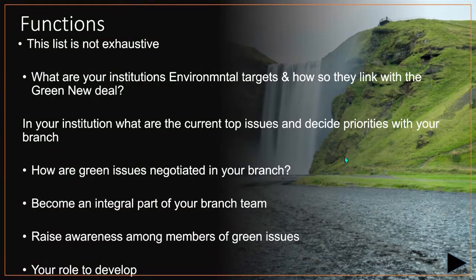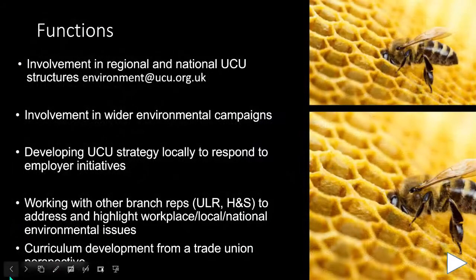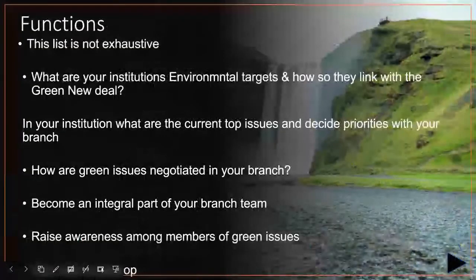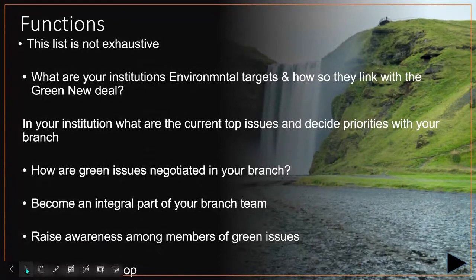I think another good place to start around developing the role is having a look at the branch's own practices and approaches to green issues. So, for example, the branch itself declaring a climate emergency demonstrates that they're taking the lead and that they want the employer to follow.